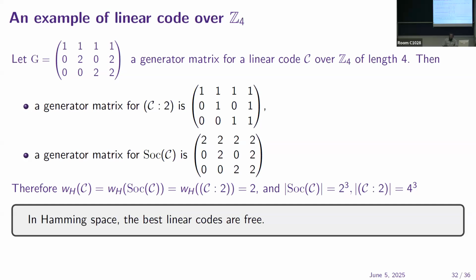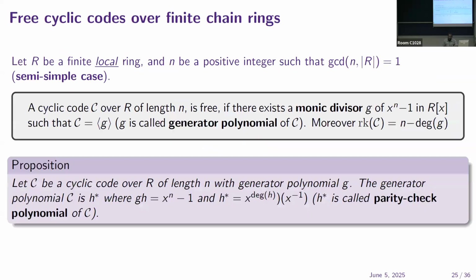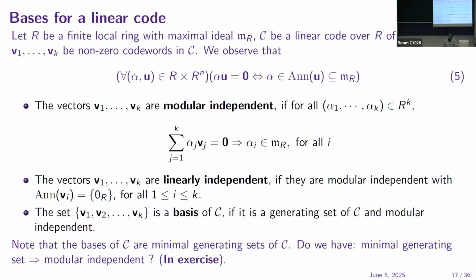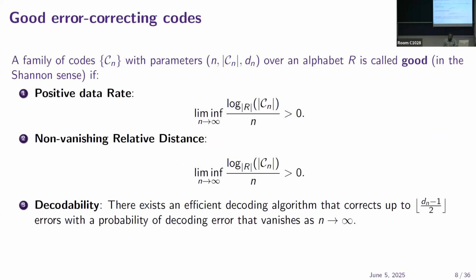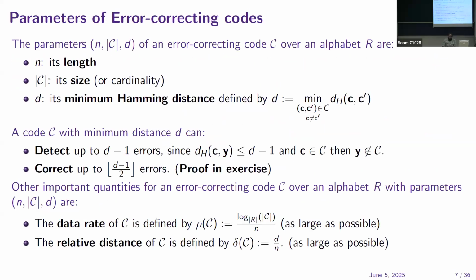Evaluate the performance of this free code. Data rate and relative rate. For the code, our objective is to make this bit rate as large as possible.